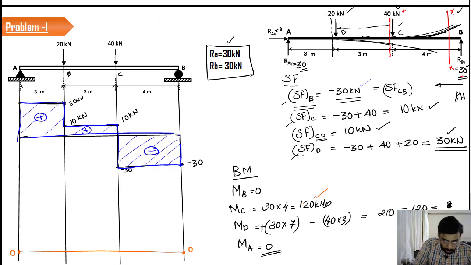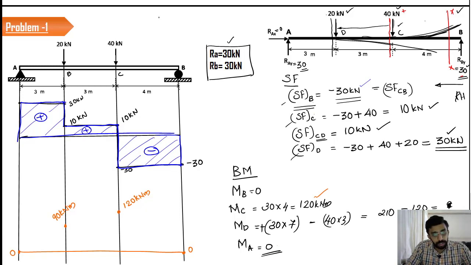The moment at C is 120 kilonewton meter. And the moment at D is 90 kilonewton meter. There is no need to use any kind of scale or ratios like that, but a vague way of representing it should be there. Some kind of proportionality should be adopted, that's all.